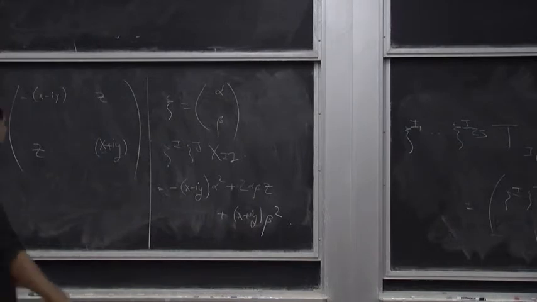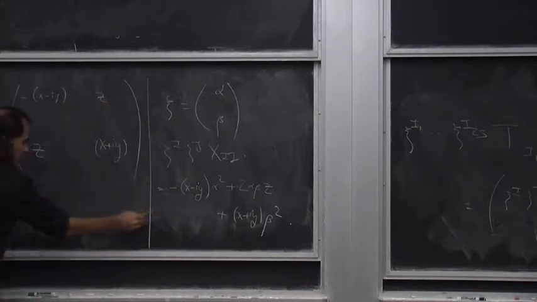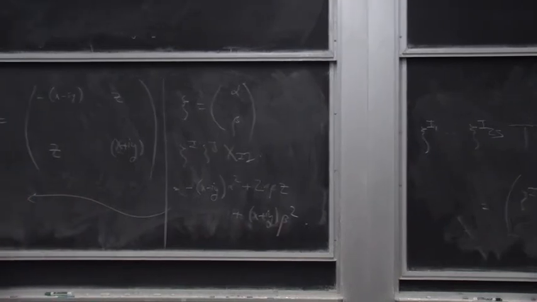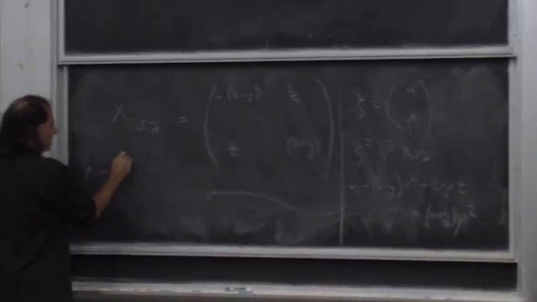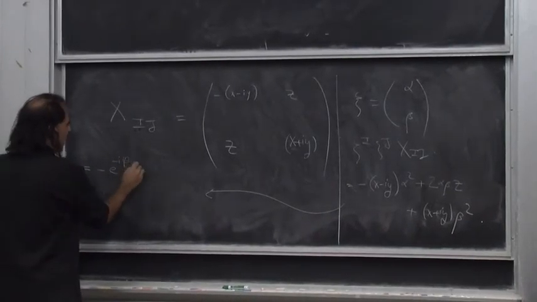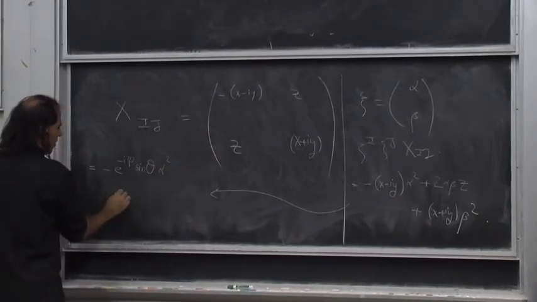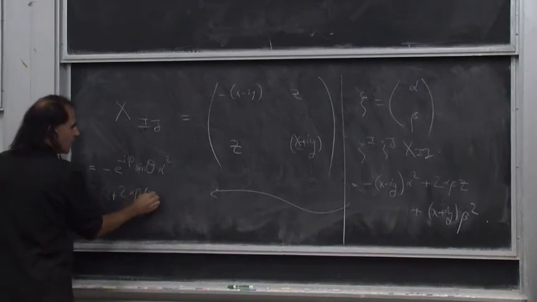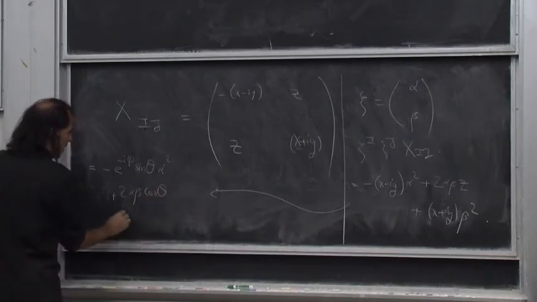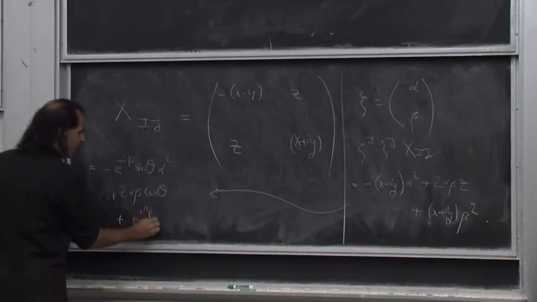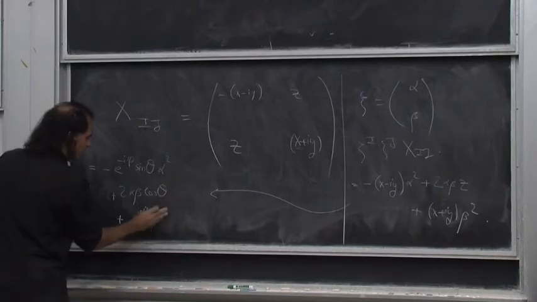If I make x a unit vector, just to make things a little more compact, this is equal to minus e to the negative i phi sine theta alpha squared plus 2 alpha beta cos theta plus e to the plus i phi sine theta beta squared.